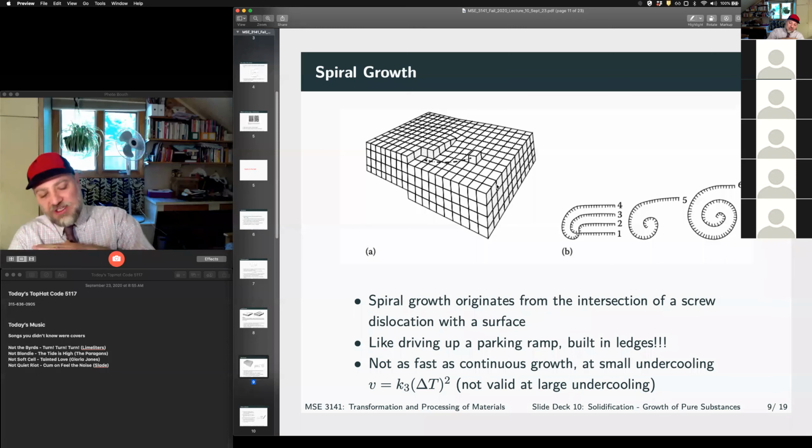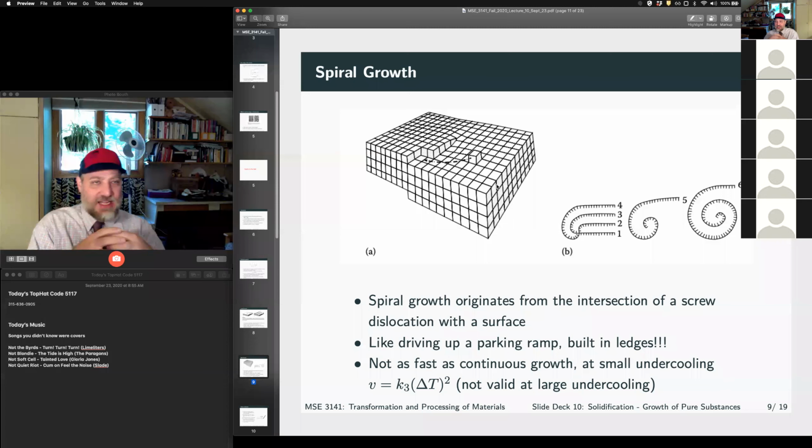So if I only have one or two atomic layers, I can accommodate that strain by either squishing or dilating the substance that I'm growing.